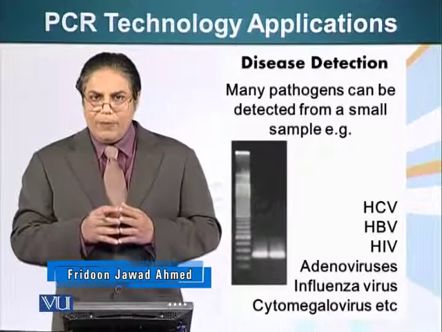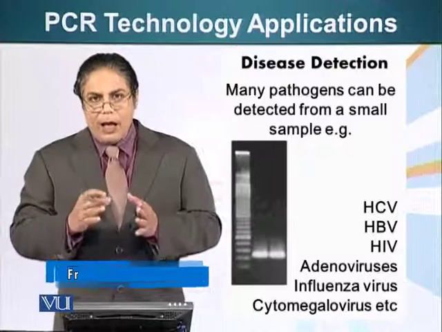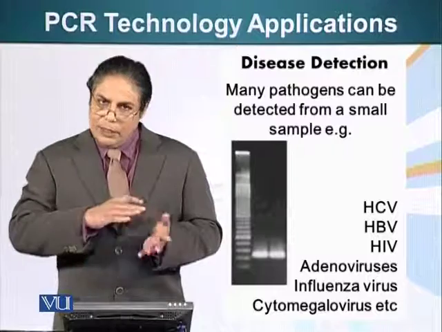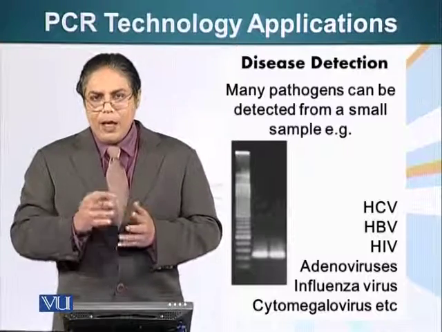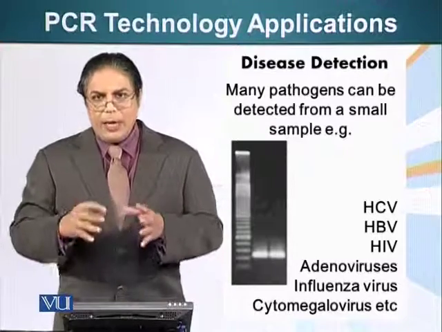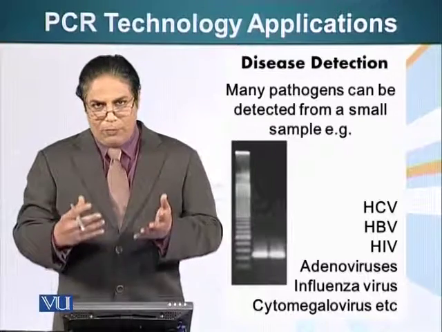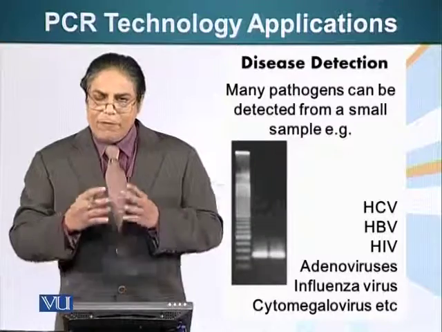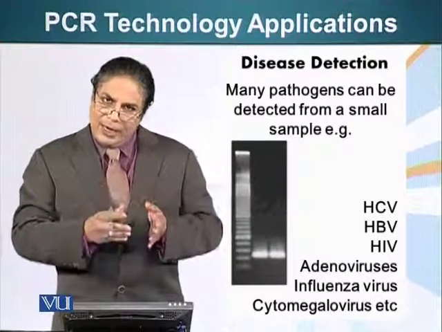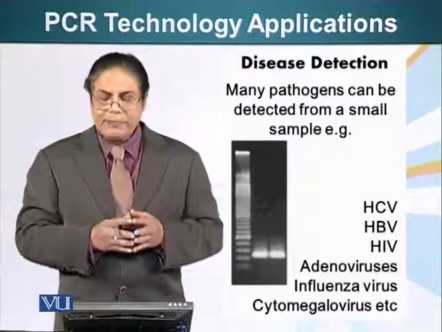We remove the blood from that patient. We isolate the plasma, that is the non-cellular part of the blood, the liquid part of the blood. We take a small portion of that plasma. We extract the DNA out of that sample. If the virus is present, we will have the viral DNA in our extracted sample.